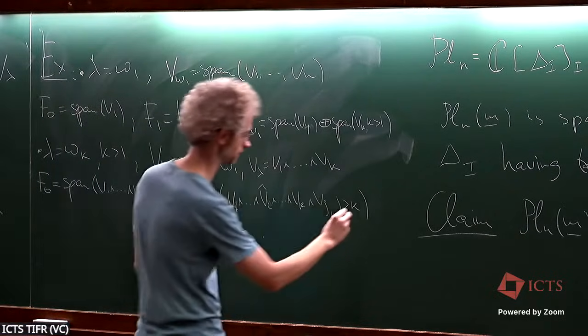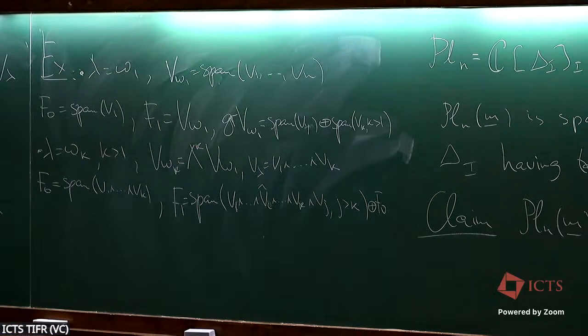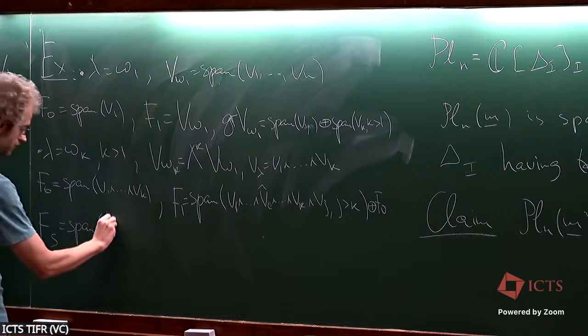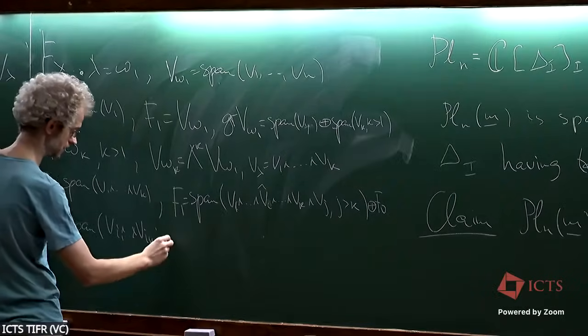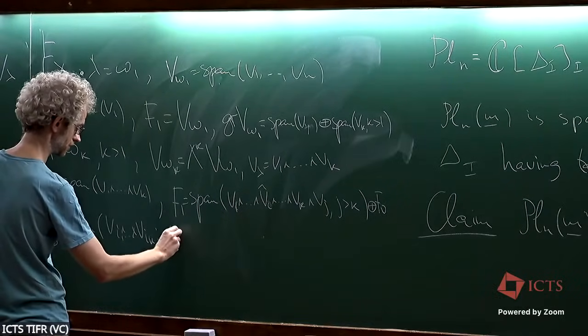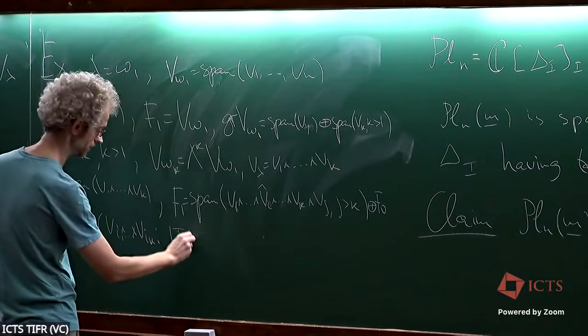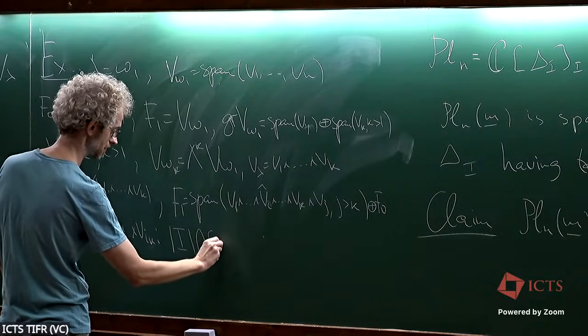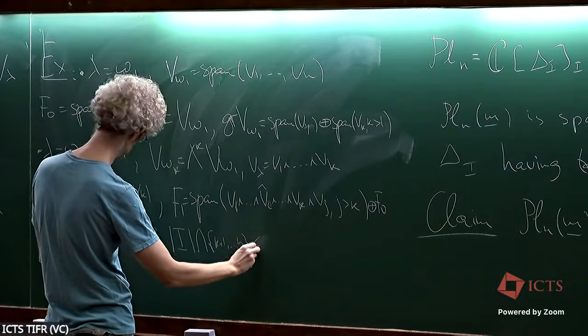Plus F_0. It has to be an increasing filtration, so we add everything we got in the previous step. So in general, F_s is the span of vectors of the form v_{i_1} wedge ... wedge v_{i_k}, such that the cardinality of I, where I is the set of these indices i_1, ..., i_k, intersected with the set {k+1, ..., n} is at most s.